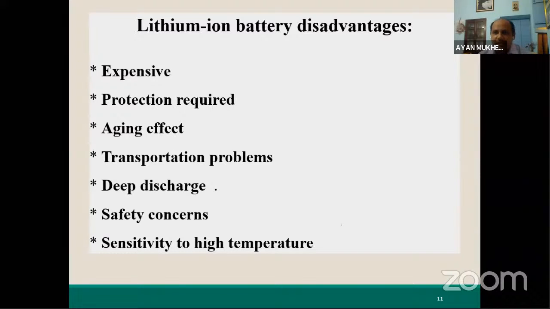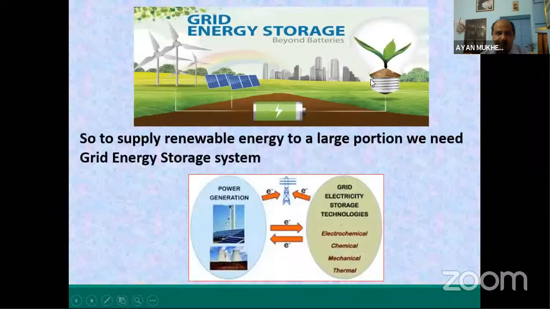So people are thinking about some new system or device that can replace the lithium ion battery, or we can say the battery system. In our future days, we will need energy for personal use, that is for mobiles, laptops, etc., gadgets, and there will also be grid energy storage systems.